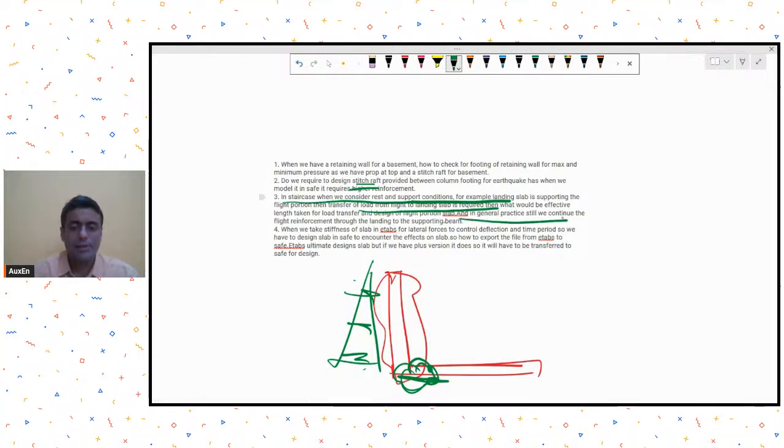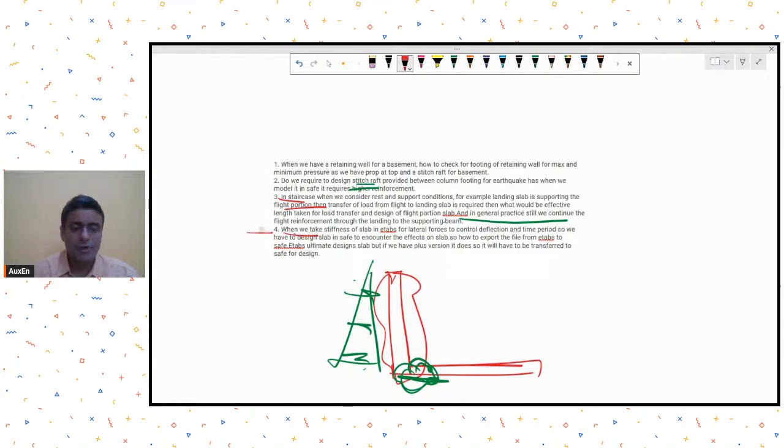And in general practice, still we continue the flight reinforcement through the landing to supporting beam. If you could please explain this third point with an example or some sketch, it will be easier for me to understand. I'm not able to fully understand this question. So please, if you could provide some sketches with it.